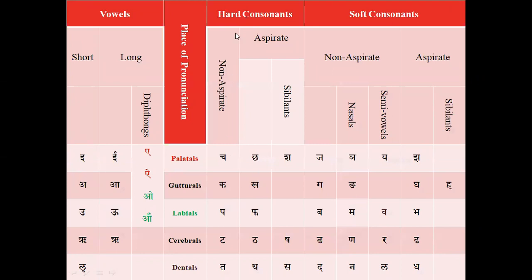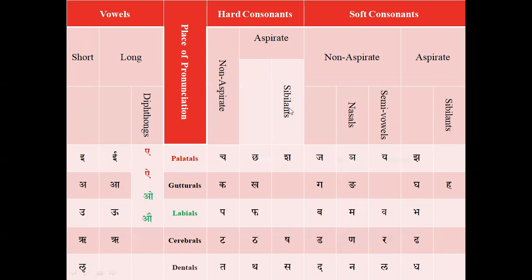Under non-aspirate, that is alpaprana, you will find ka, cha, ta, ta, pa. And the second letter, which is mahaprana, you can see kha, chha, tha, tha, and pha.